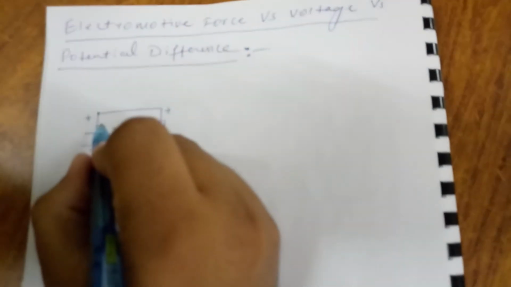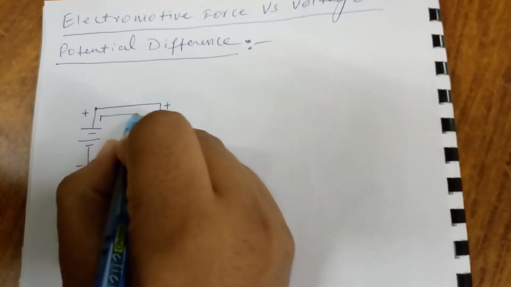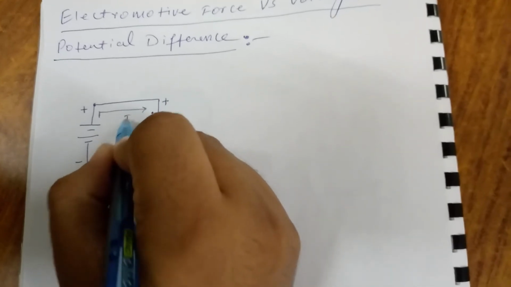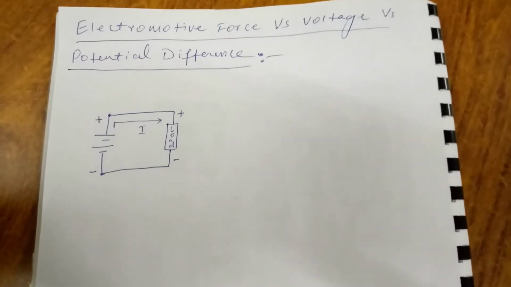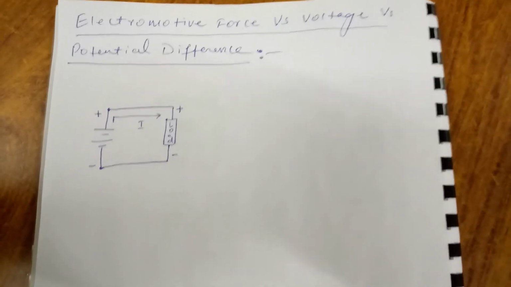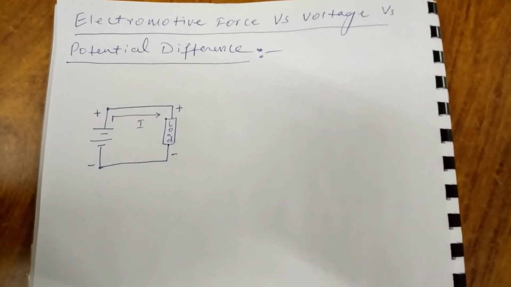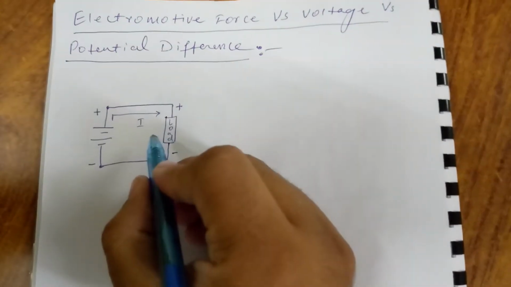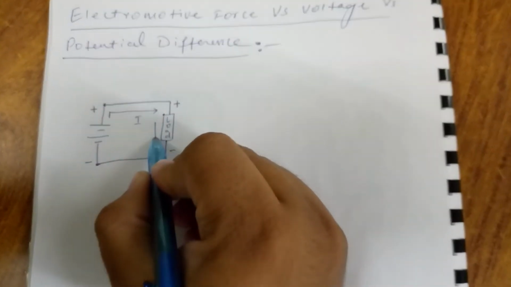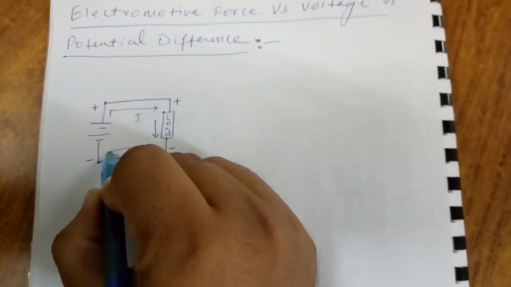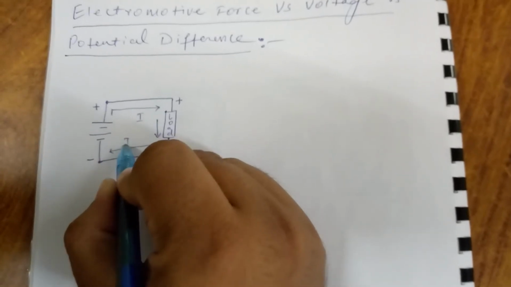So the flow of free electrons is basically the flow of current. Current will flow through the load and then it will go into the negative terminal of the battery.